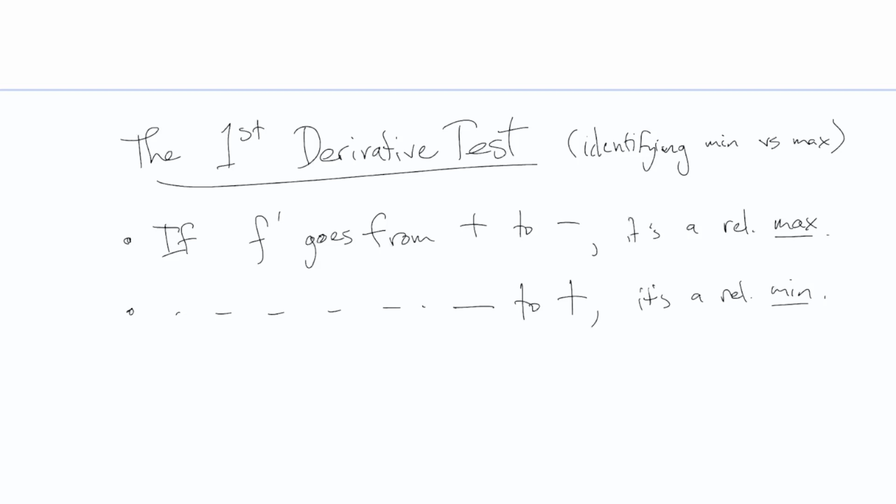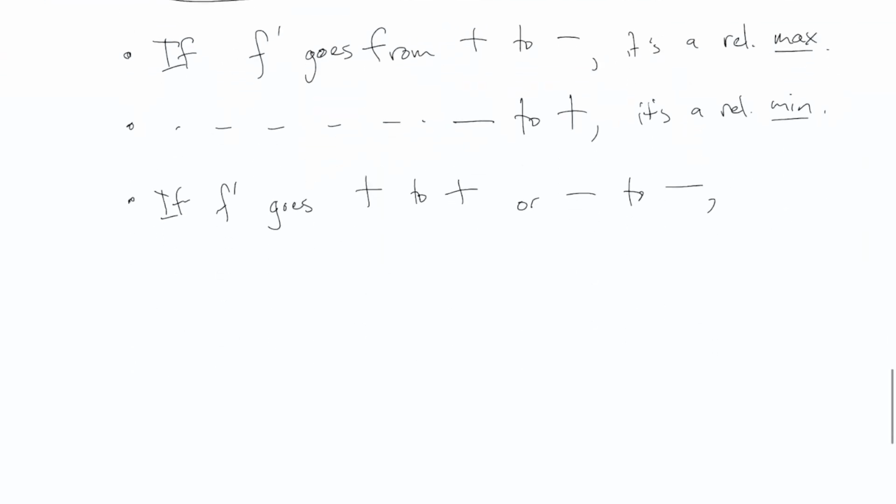And sometimes it is possible that f prime goes plus to plus or minus to minus. This doesn't happen in most of the examples we look at, but it is possible. Then, what does that mean? That means the function goes up to this point, and immediately after that point, it continues going up. That means this point is not at the top of the hill. It's in the middle of the hill somehow.